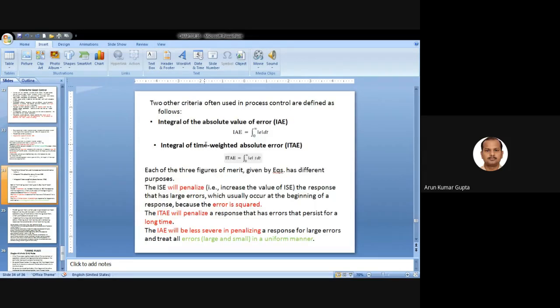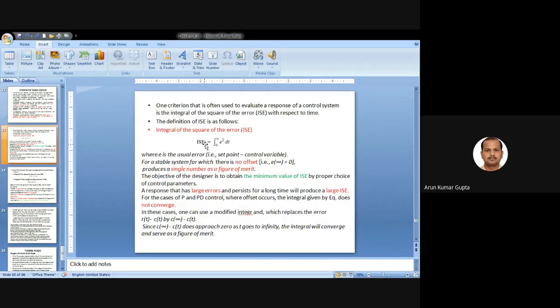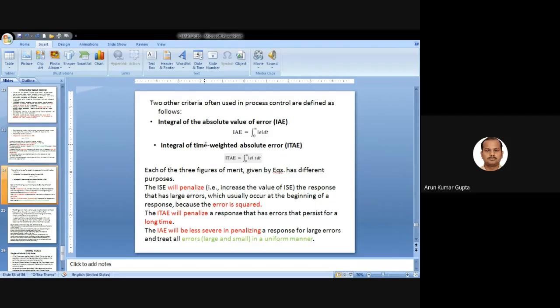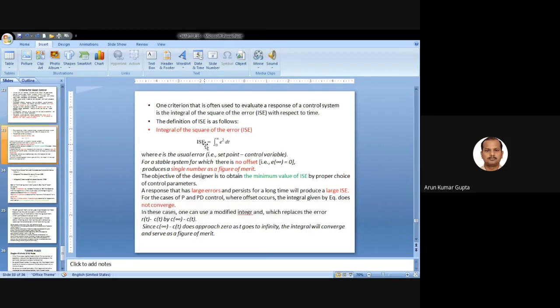It also depends upon the type of error. If the error is of a small period, right? If the error persists for a longer time, then we have other analysis, right? If the error is large, then we have other analysis.